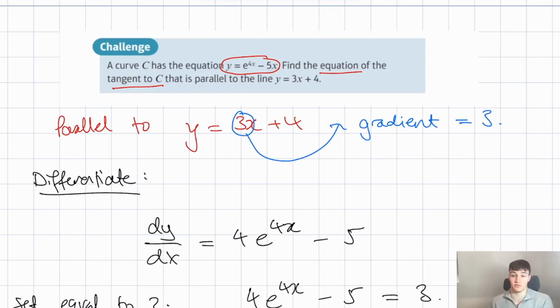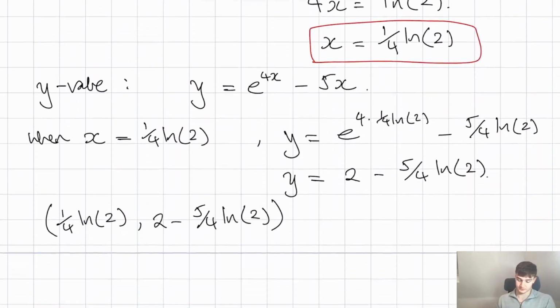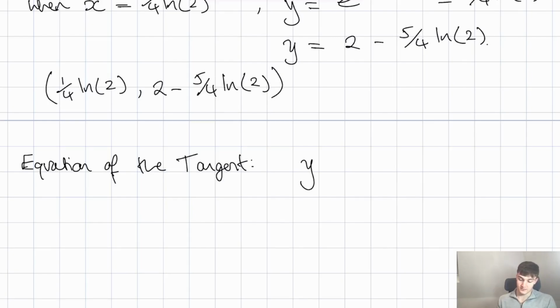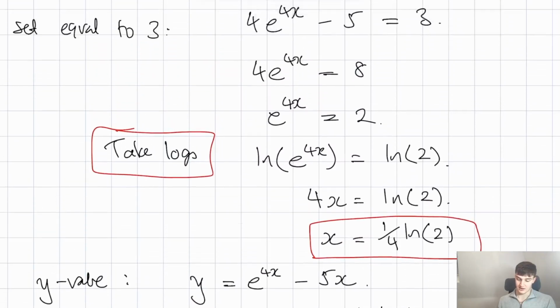So we're back on normal territory now. The equation of the tangent is going to be of the form y is mx plus c. Now we know that m is our gradient.